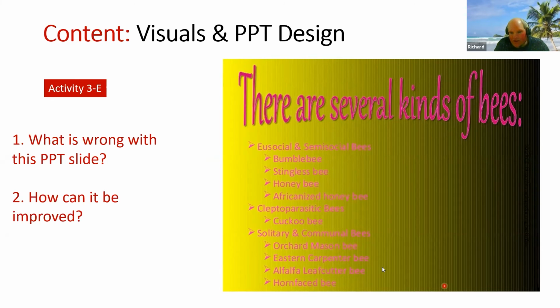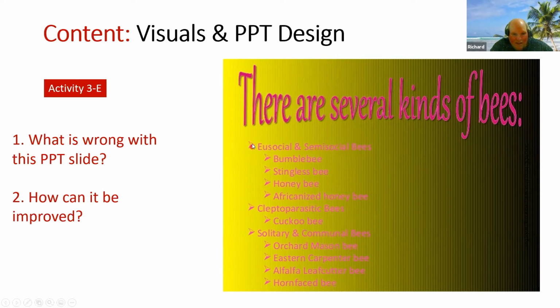And the other thing I wanted to make mention of, have a look at the bullet point images here. So you've got this one here, and this is the main group, and it has the same bullet point as the individual, the different bees that are under this group title here.